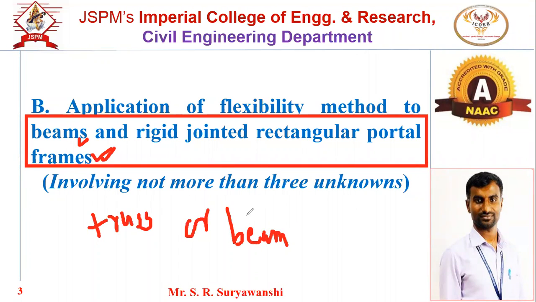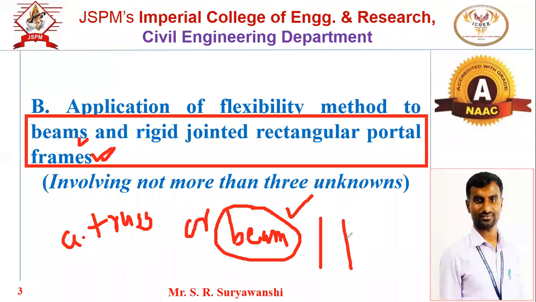In that examination, question number 5 or 6 is based on unit number 3. They asked the truss numerical in question number 5, and in the or question they asked the beam numerical. Other than that examination, August 2017, they have asked a beam example and the or will be a frame.